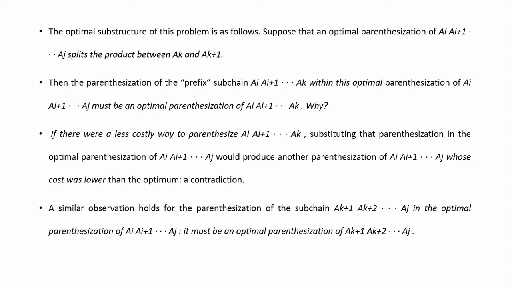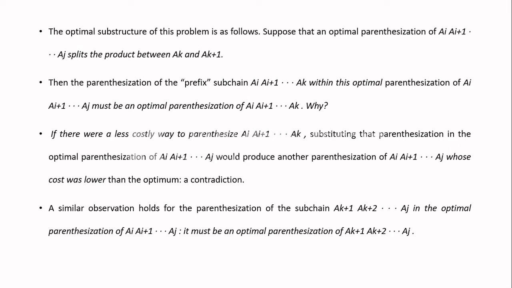Now you have a subproblem Ai to Ak, and you are trying to find an optimal parenthesization for it. What this statement says is that an optimal solution for this subproblem is actually the optimal parenthesization for Ai+1 to Ak itself.